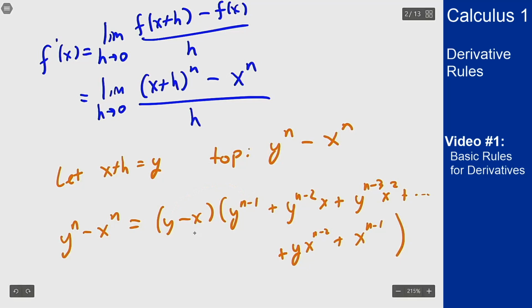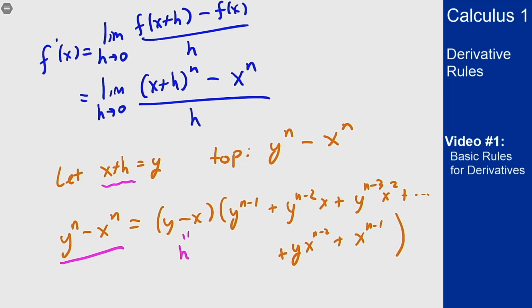Then this term is a negative y to the n minus 1 x, but this term here is a positive y to the n minus 1 x, so those will cancel out. And the same thing happens all the way down until what's left will be just this.